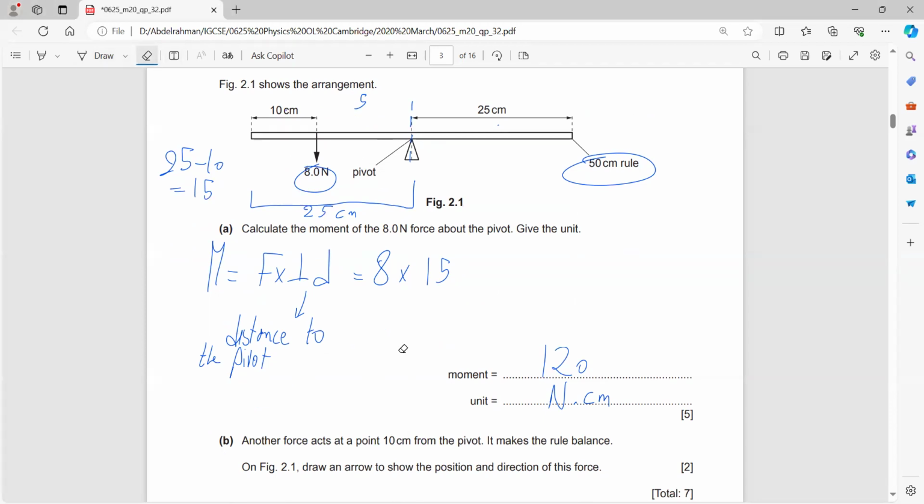It doesn't matter if it is above the ruler itself or below. So on the right and upwards, 10 centimeters. And this is the force F. This is correct. Are you sure it's wrong? Is it correct or is it wrong?